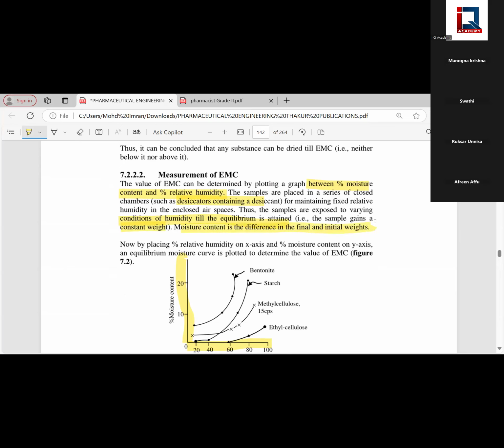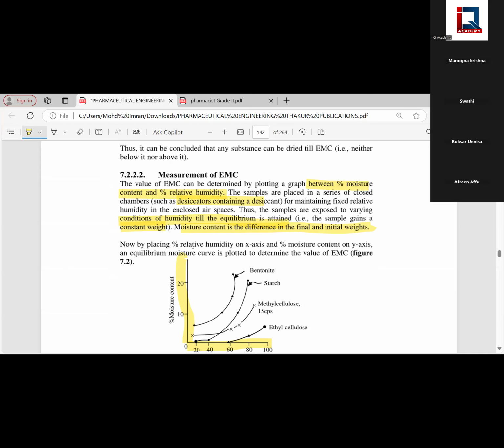I'll take a sample, take the initial weight, then add it in the desiccator. What will happen in the desiccator? Moisture is constantly absorbed and removed, and the weight of the product changes. Then the final weight minus the initial weight gives me how much moisture is being absorbed. That will help me in calculating the EMC.